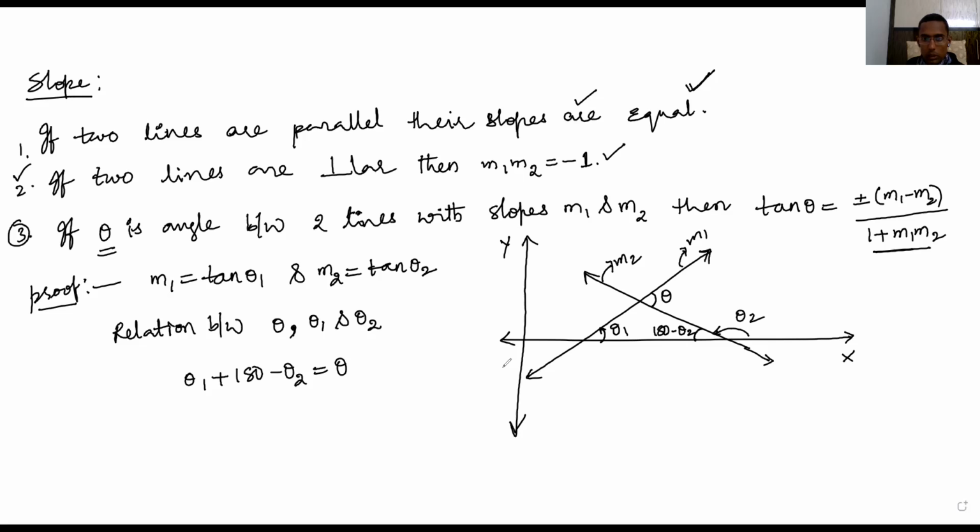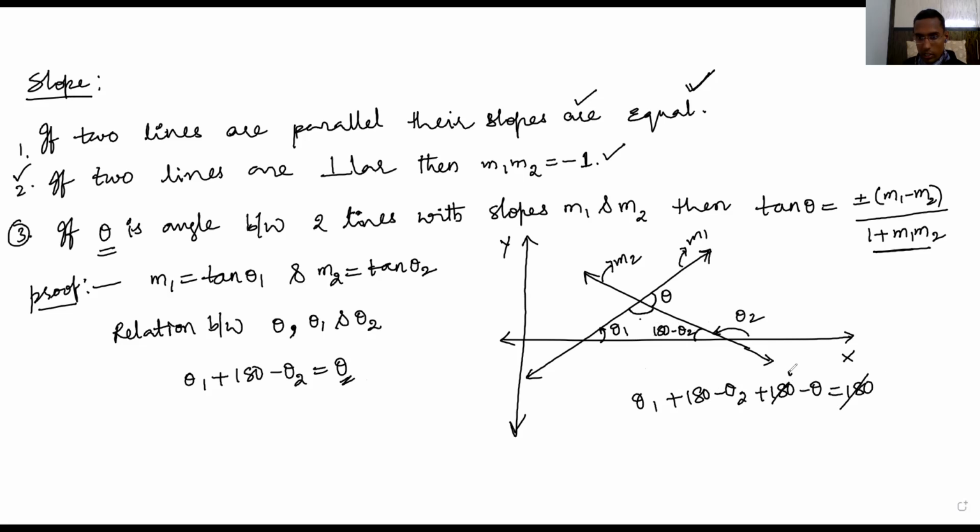Otherwise, this is 180 minus theta, because this is theta. How does this come? The sum of three angles equals 180 degrees, so theta 1 plus 180 minus theta 2 plus 180 minus theta equals 180.